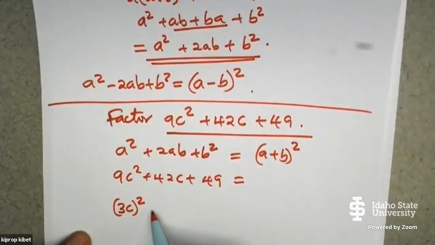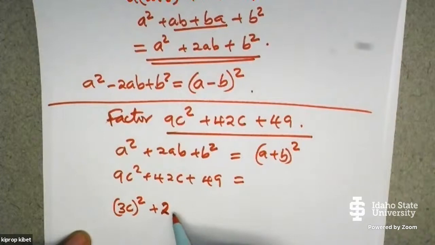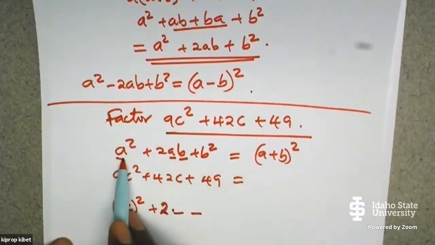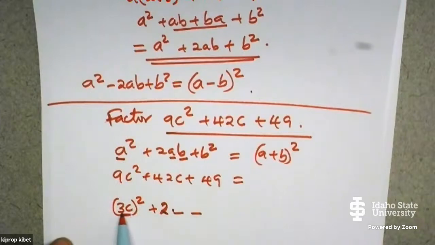Now plus we need to get a 2, there is a 2 somewhere there, and then our a and b. What is our a? Our a is 3c.